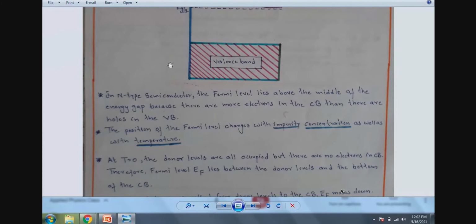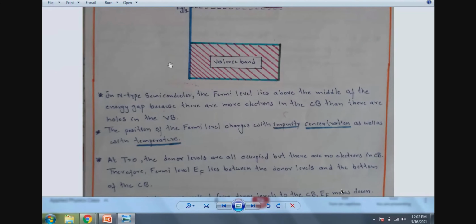Further increasing, it goes in the downward direction and becomes an intrinsic semiconductor. It is the same as what we have done here, but in the reverse condition. So in p-type semiconductors also you can have this type of layer.